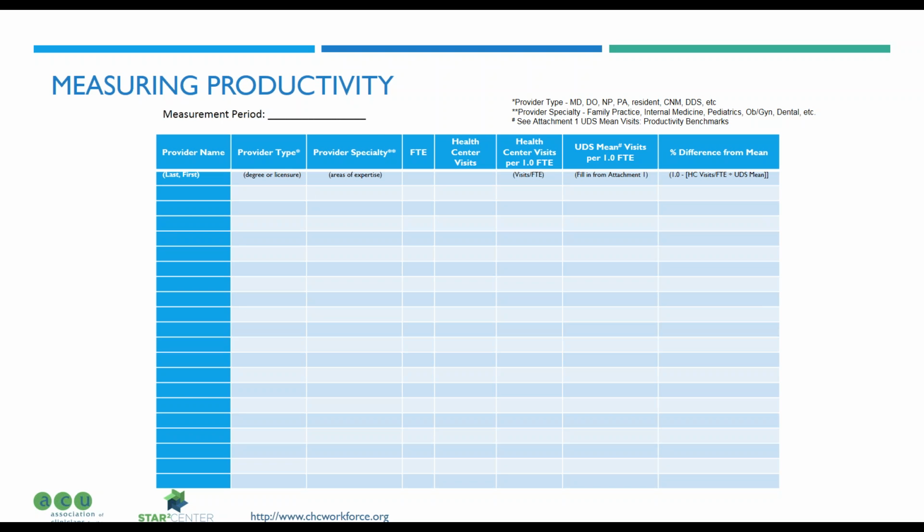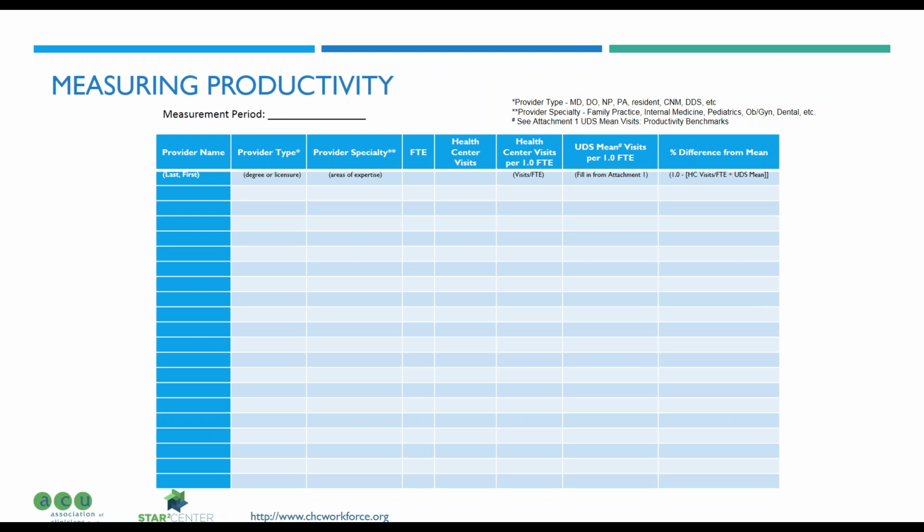These are people who can independently practice and bill for their time. So a nurse practitioner, a PA, a certified nurse midwife, a physician, DO or MD, this is where you would put that information. And then there's specialty, again, so you can roll it up.